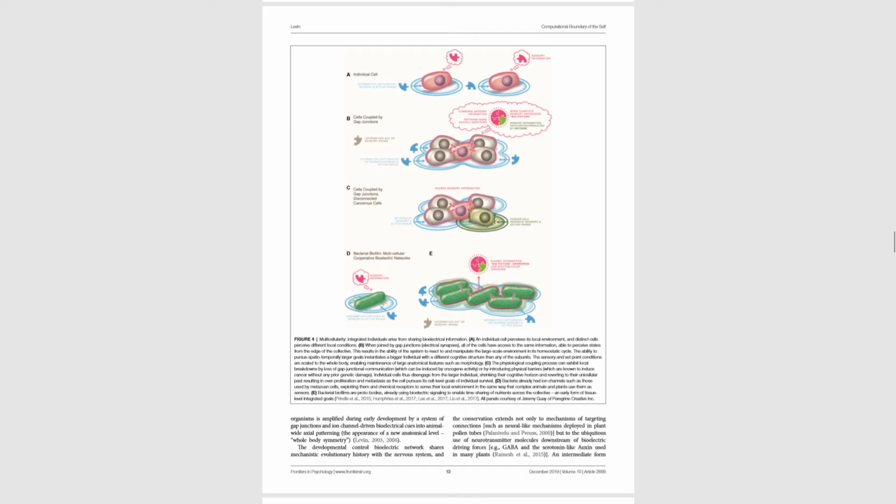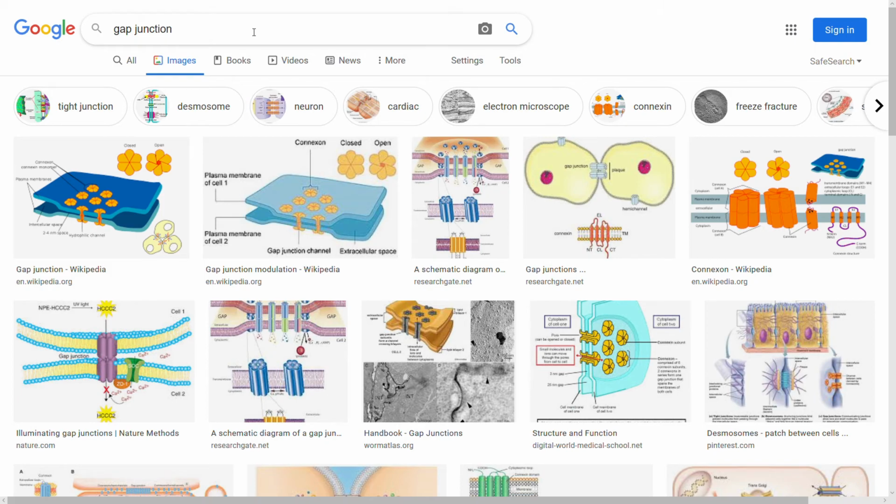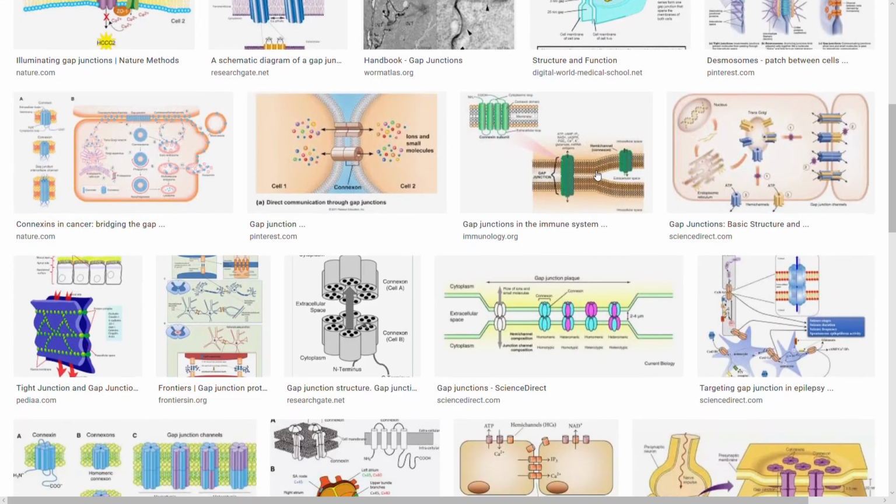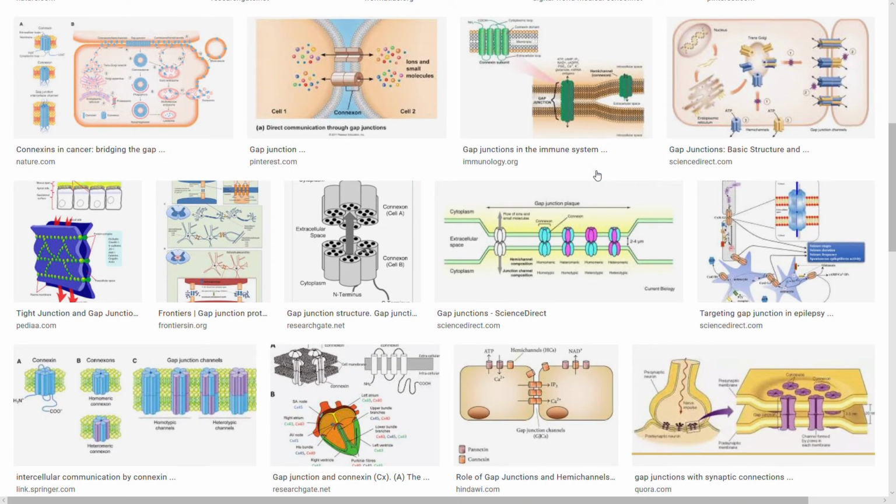If we search the term gap junction, we can see not only that the nervous system has connected nerve cells, but also that in our body, all of the somatic cells are connected by gap junctions. It will be very interesting to see that this idea can in the future be applied to the entire artificial intelligence field.